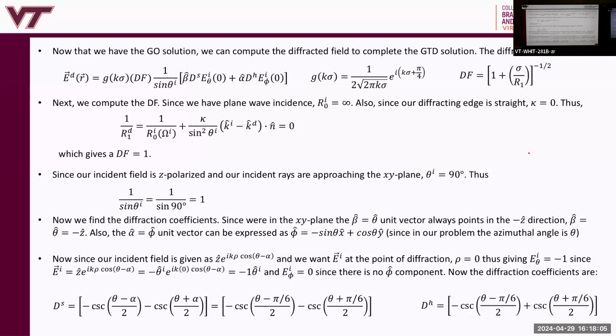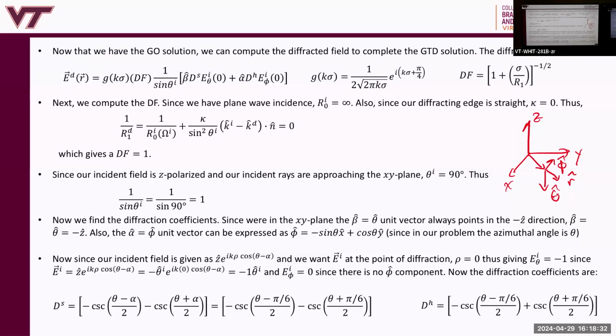Think about this. If I have z, x, y, and my observation point is here, then the theta hat unit vector points that way, the phi hat unit vector points that way, and r points that way. The way I like to think of the theta hat unit vector is like the tool the Grim Reaper uses to cut wheat out of the field.